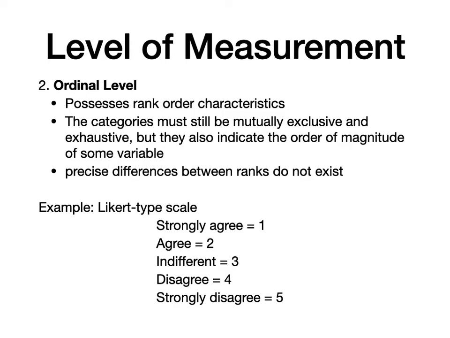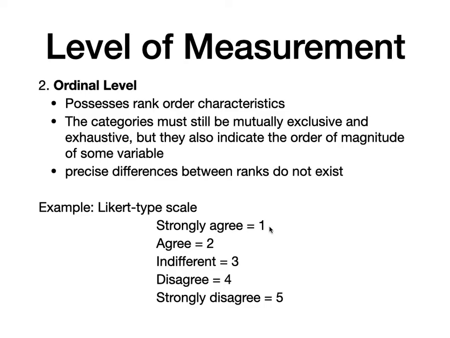So in this case, for example, say the Likert type scale. I know you have been asked to do online surveys or even surveys that are done on paper. And you have encountered certain items wherein they ask you to rate your level of agreement in certain statements. That is what we refer to as Likert type scale.